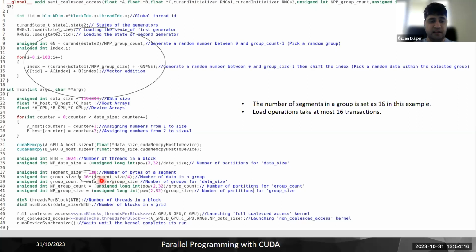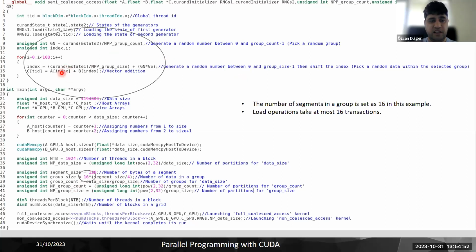And we multiply it with 16. 16 means the group consists of 16 consecutive segments. Then we have a group count parameter, which gives us the number of groups. The number of groups we obtain by dividing data size by the group size.